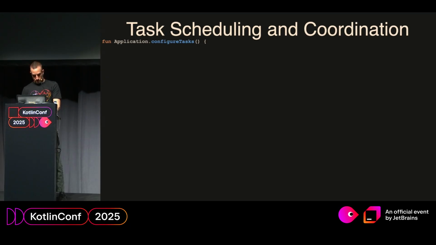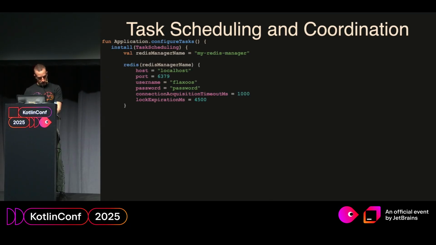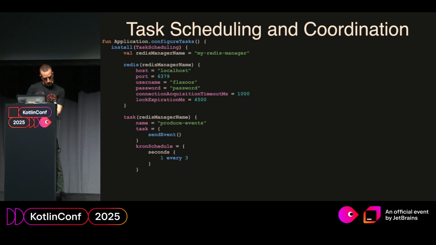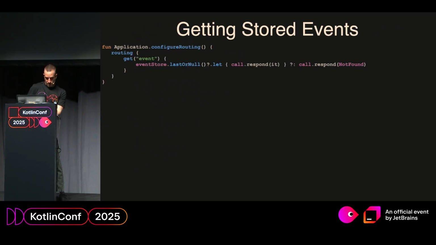So this is what it looks like. Yeah, so now we also have the client that is communicating with the consumer. And this is the consumer, which has a route that exposes getting those events.